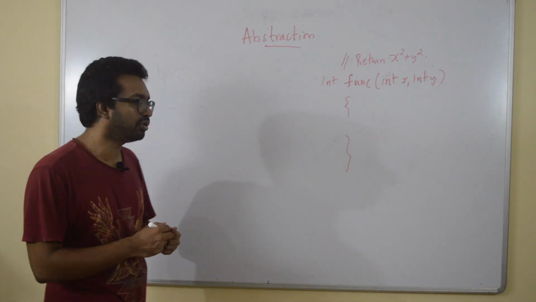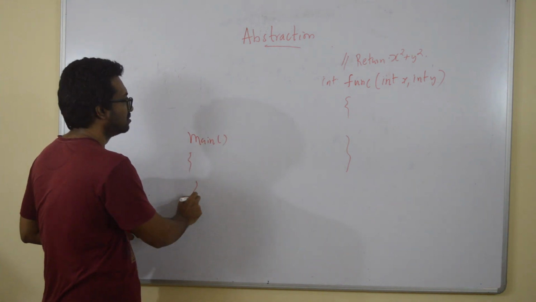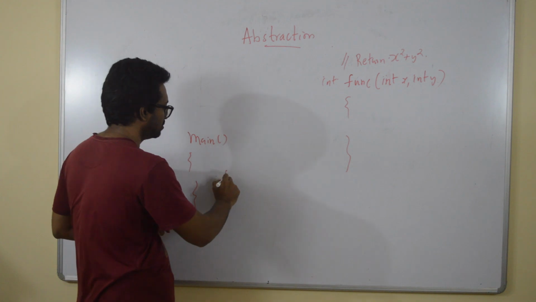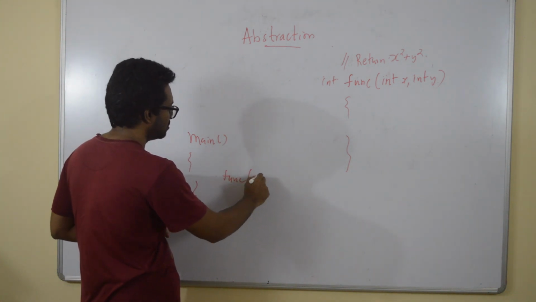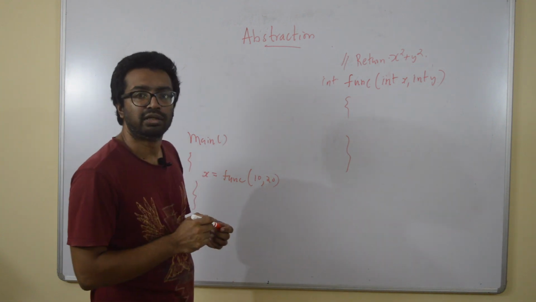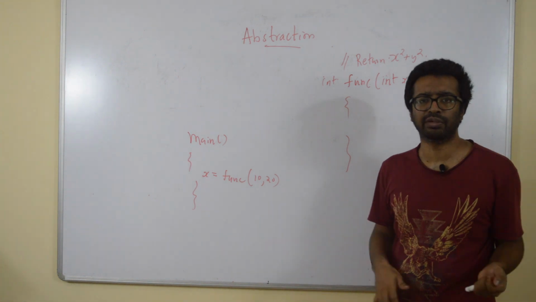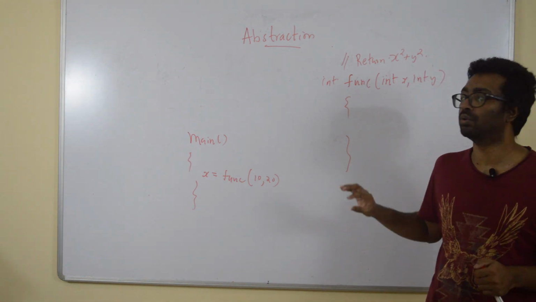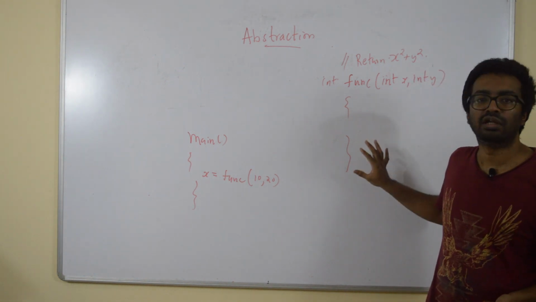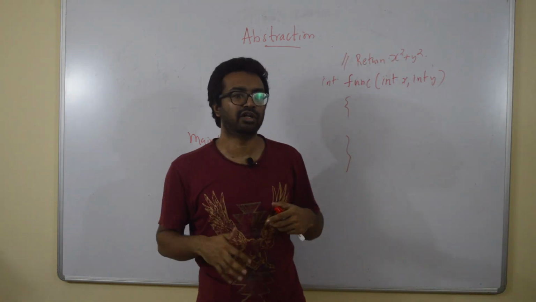Someone called from the main the same function with 10 and 20. He does not have to know how x square plus y square was implemented. This is the idea of abstraction.